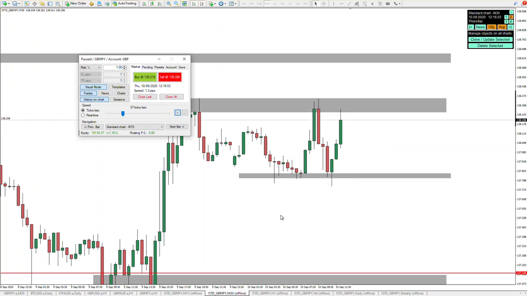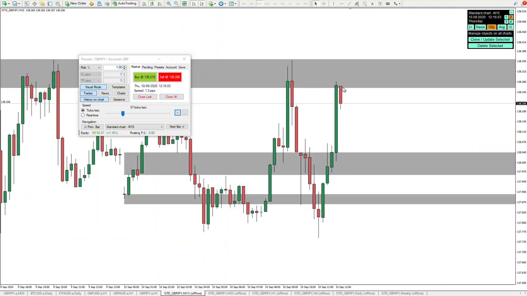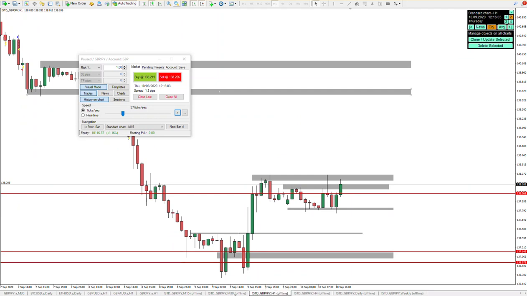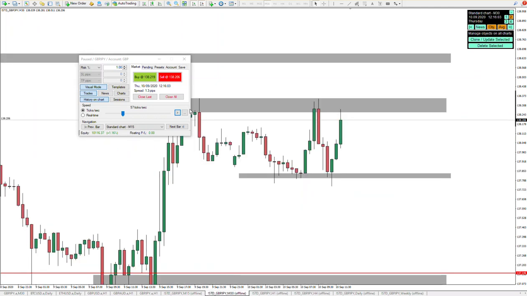Okay. M15 closed bullish, respecting this resistance. M30 closed bullish, the high, respecting the resistance. Oh, it did not close. Getting tired after 2 hours.